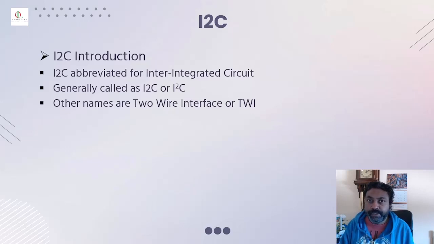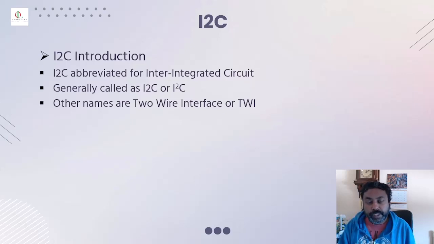Other names you would hear in the industry are two-wire interface or TWI. You will hear from your senior engineers in the industry, "What's happening with your TWI program? Can I use that in my main program?" So these are some of the terms, and I'm letting you experience that.